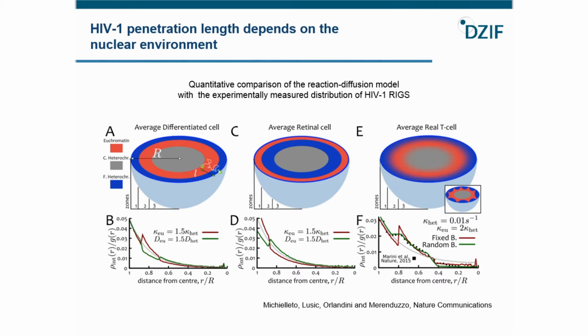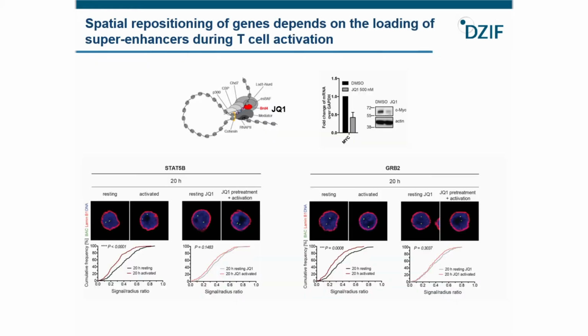So the fact that we have the redistribution of genes during T cell activation is somehow shaping the genome for HIV integration. And last but not least, what we did in order to understand a little bit more what is happening with super enhancers, we used JQ1, which is a drug that is used to reactivate HIV in some cases.